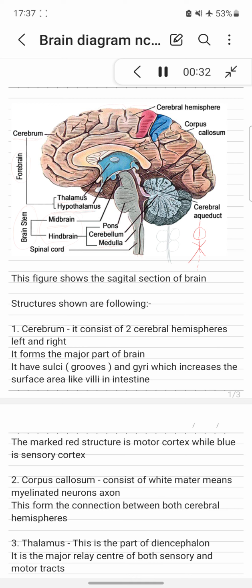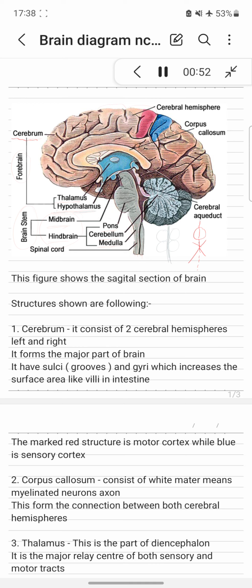Now what are the structures shown in this diagram? First of all, we will discuss the cerebrum. This whole part is the cerebrum. It consists of two cerebral hemispheres, left and right. Cerebrum forms the major part of the brain.